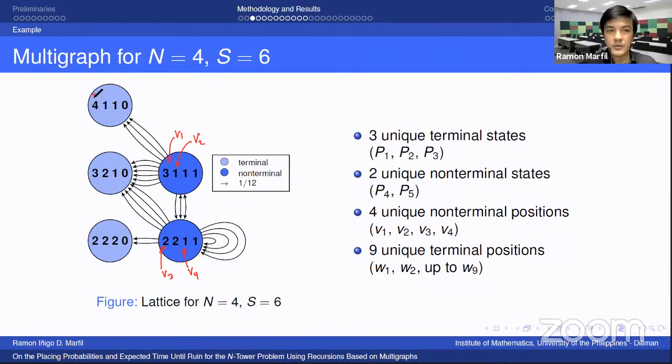So ito yung W sub 1, W sub 2 yung 1 dito, W sub 3, and so on. So 4, 5, 6, 7, 8, and 9. Okay? So kung basta magkapareho sila ng wealth in the same state, counted sila as one unique terminal or non-terminal position. Okay? So ito yung multigraph natin for the case where n is equal to 4 and s equal to 6.